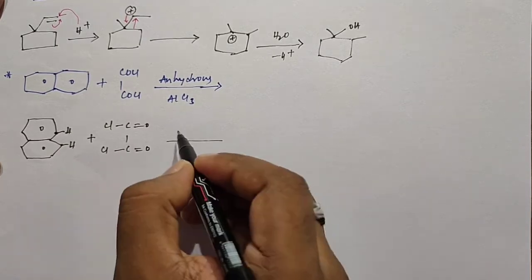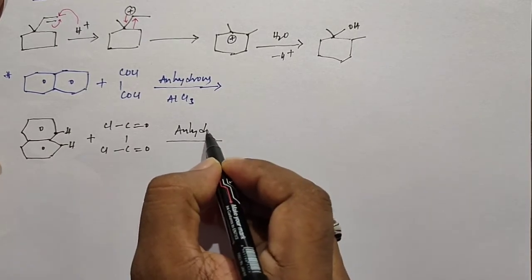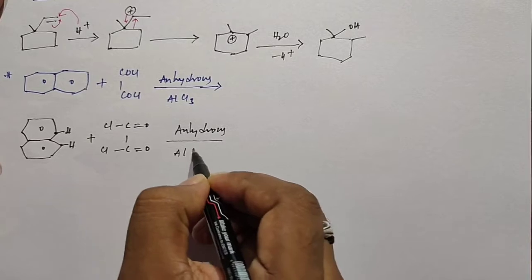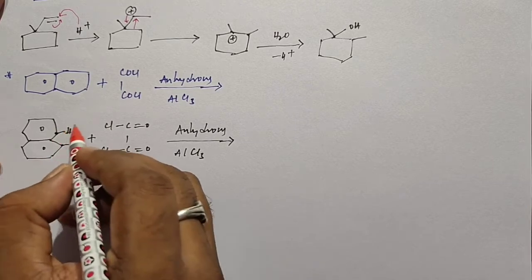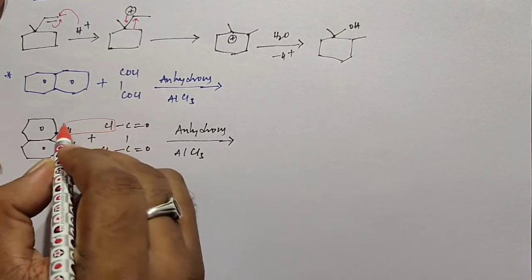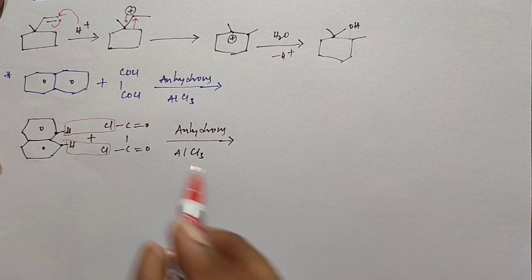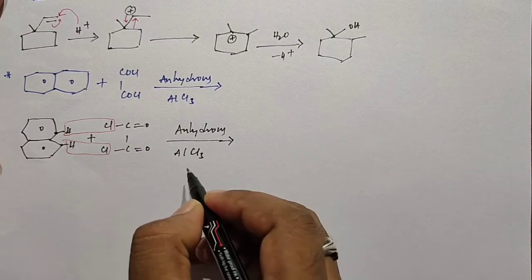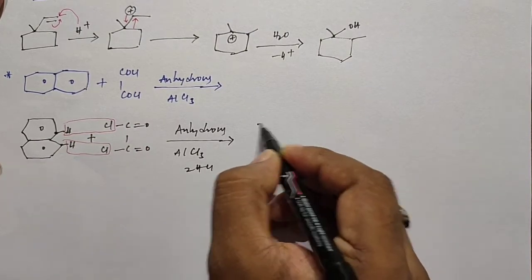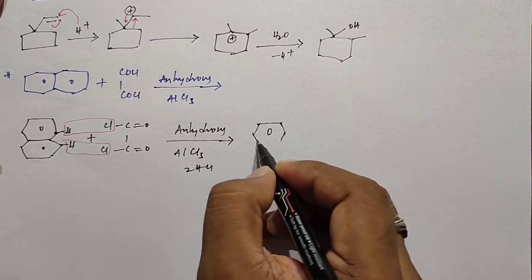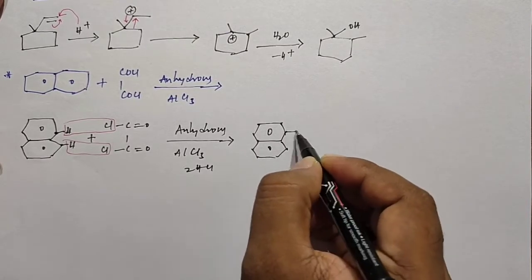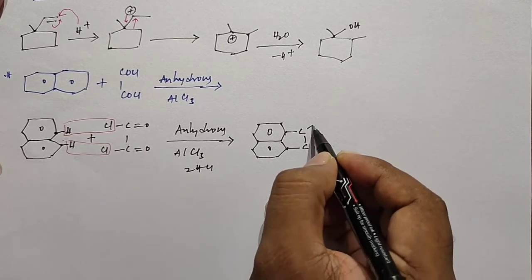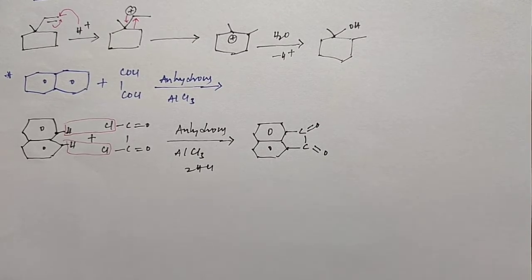When these react in the presence of anhydrous aluminum chloride, it removes hydrogen chloride, so one HCl and another HCl are removed. Totally we lose 2 moles of hydrogen chloride, and we get the final product like this.